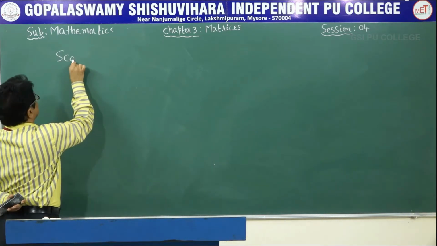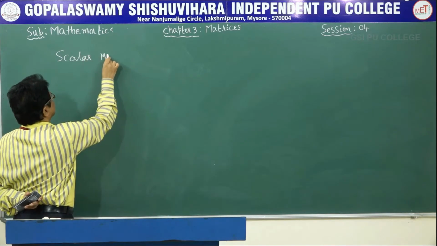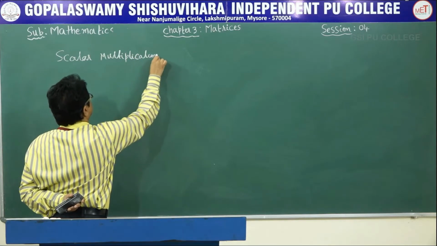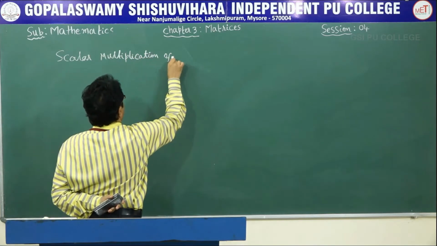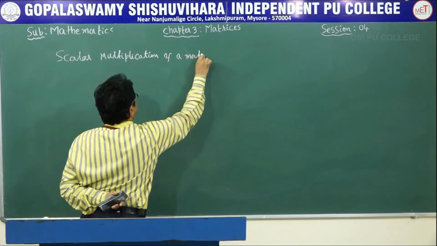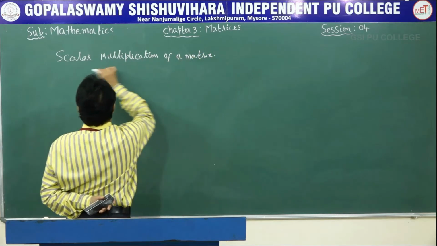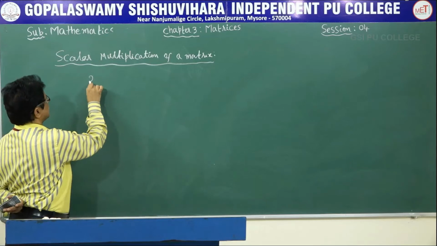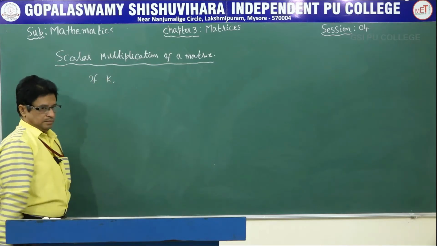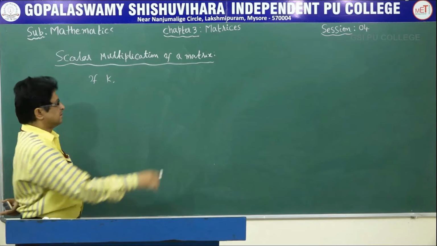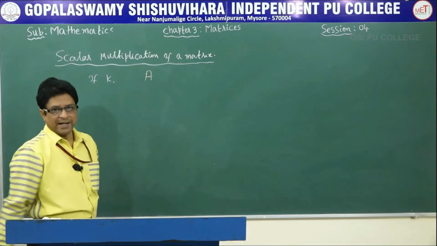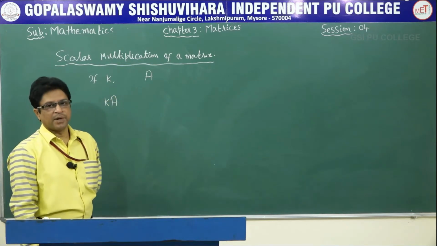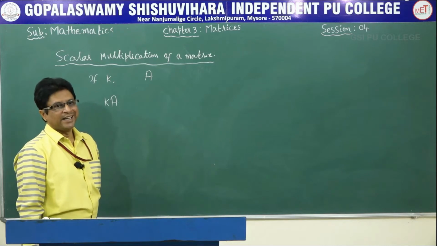If K is any scalar, and A is any matrix, then K into A is called as the scalar multiplication of a matrix A by K.